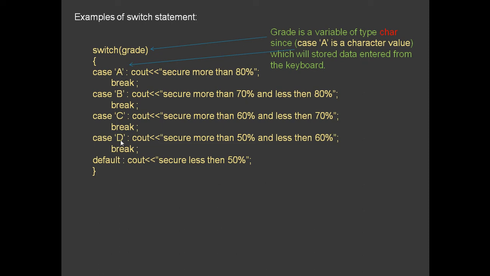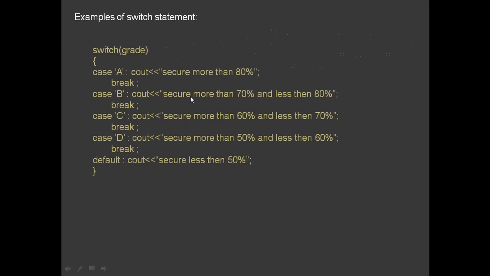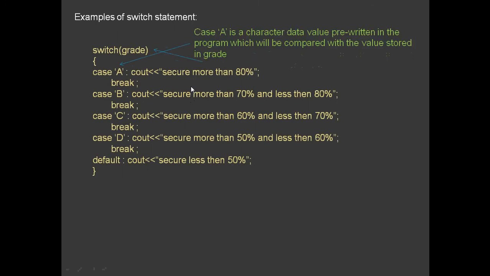These are data values already pre-written in the program, to be compared with the value that you enter from the keyboard, which is stored in this variable, since a variable is used to store data. So case a is a character data value pre-written in the program, which will be compared with the value stored in grade, like I've explained.